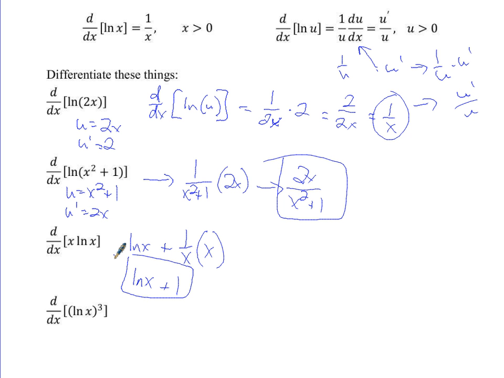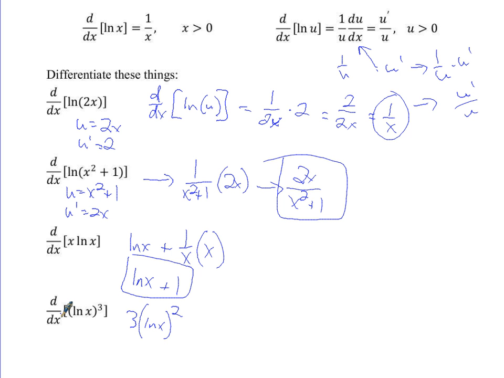Chain rule, good. What do I write? Squared. General power rule there. So the 3 comes down.